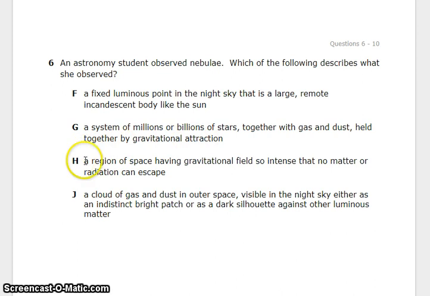H. A region of space having gravitational field so intense that no matter or radiation can escape. J. A cloud of gas and dust in outer space, visible in the night sky either as an indistinct bright patch or as a dark silhouette against other luminous matter.